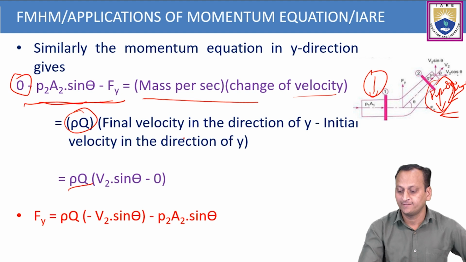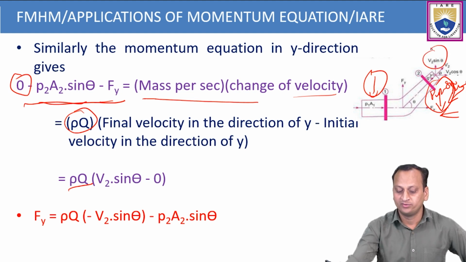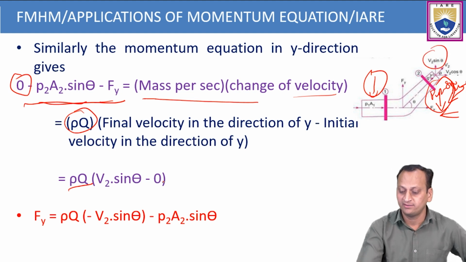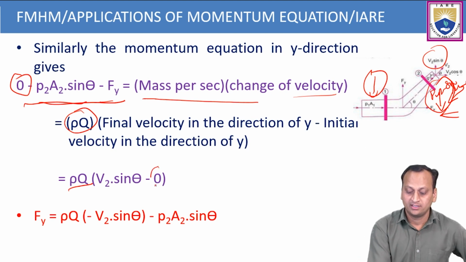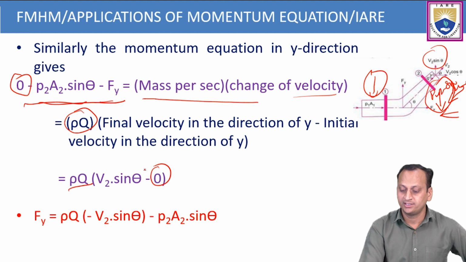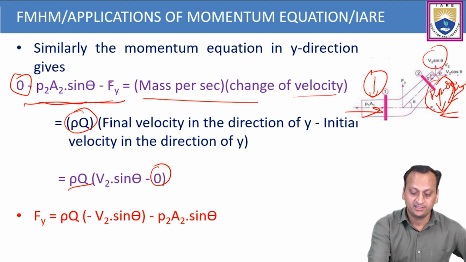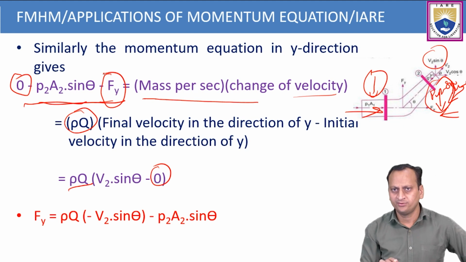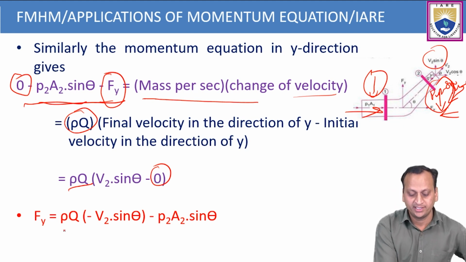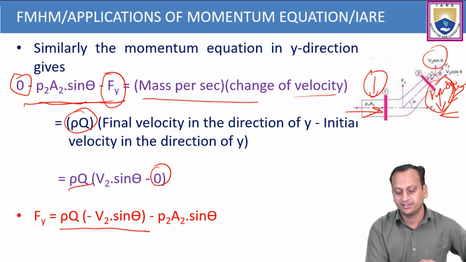The final velocity is positive, moving upward, V2 sin theta, but initially vertically there is no velocity, only horizontal velocity, so 0. So from this the resultant force along the y direction, Fy, can be written as rho Q (V2 sin theta) minus P2A2 sin theta.